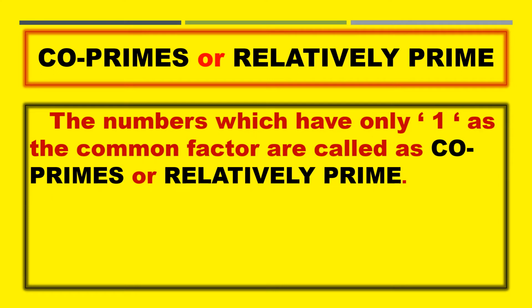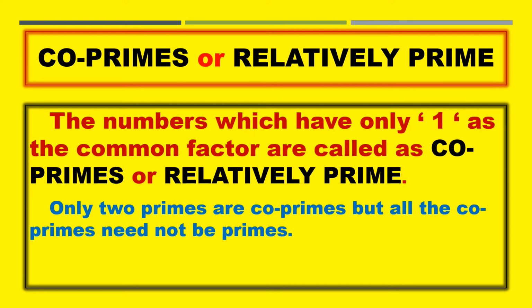Any two primes are co-primes, but all co-primes need not be primes. Just now we took the example that 4 and 9 are co-primes, but they are not prime numbers. Co-primes are not necessarily prime numbers, but prime numbers are co-prime numbers.